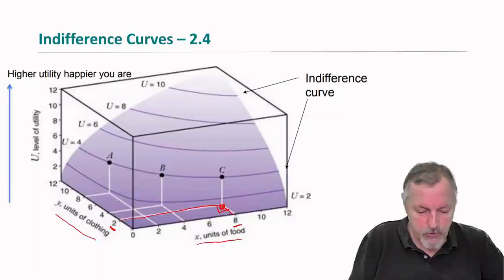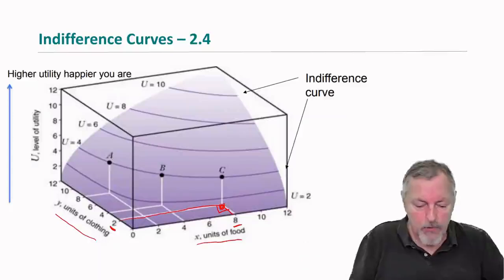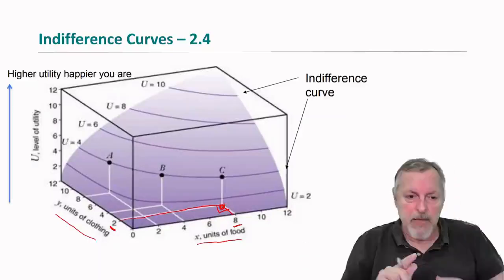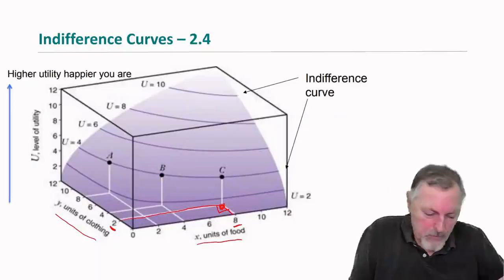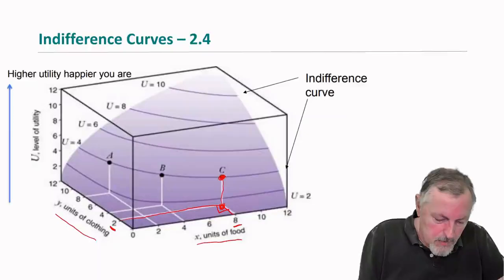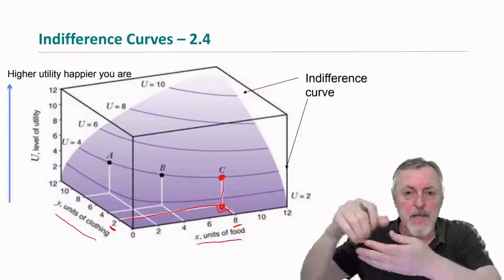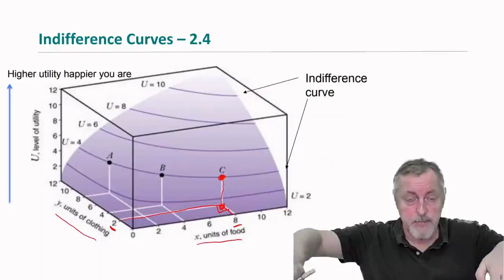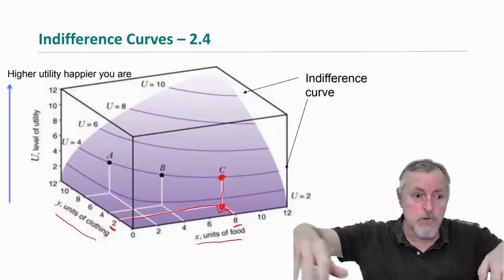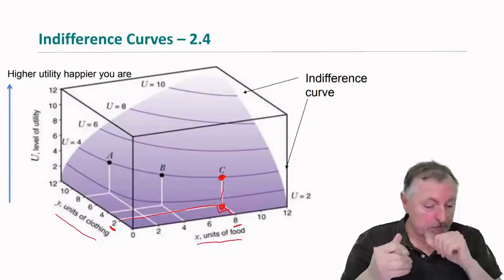If it makes you, let's just call it 4 units happy, then you could represent that by making a line 4 units vertical. You'd go up 4 units, and you'd have that point C sitting in 3D space. Its position in 2D represented the bundle, how much food, how much clothing, and how high it was represented how happy it makes you.